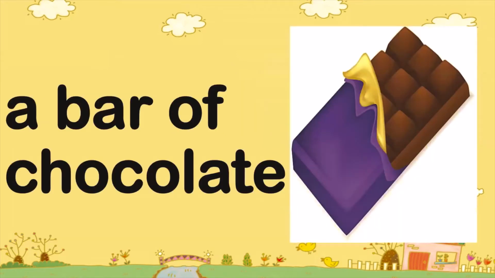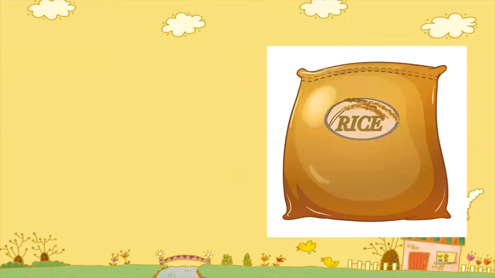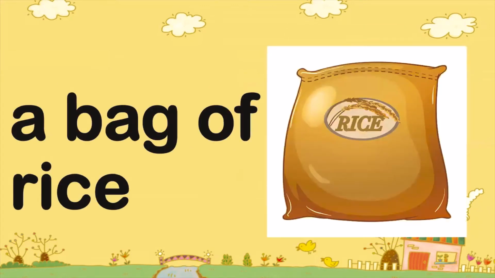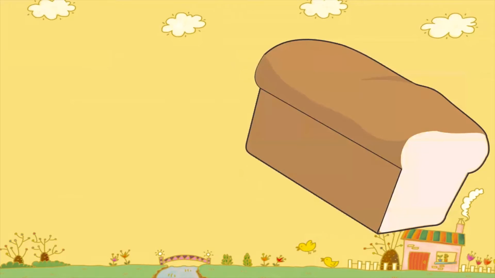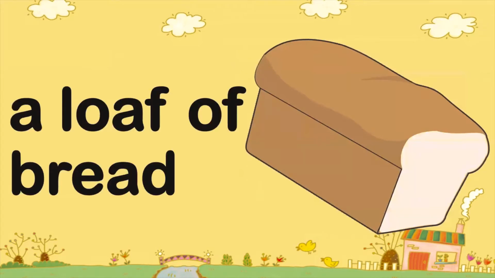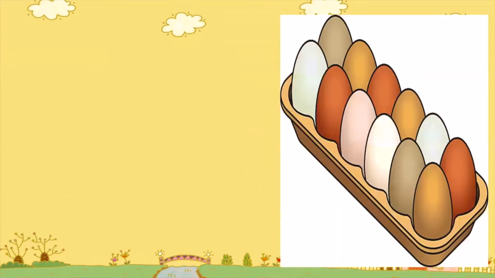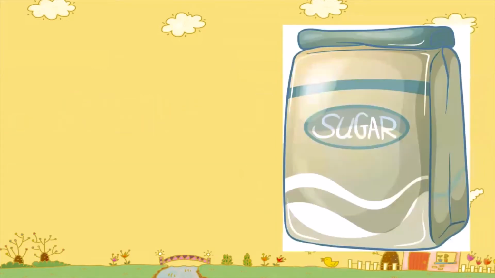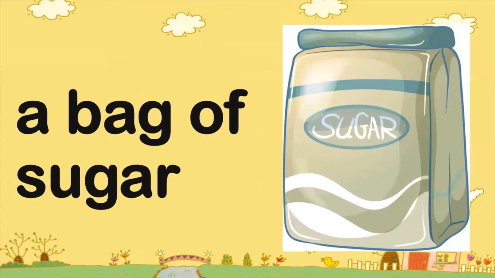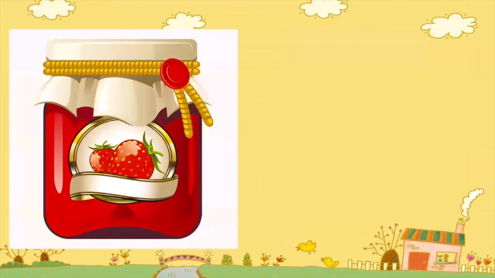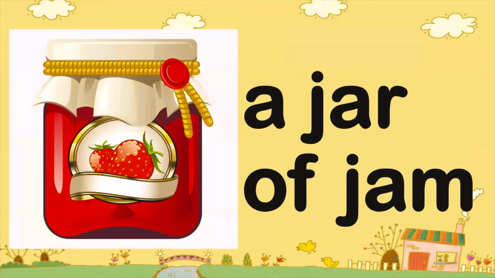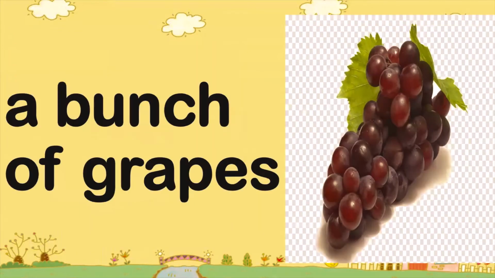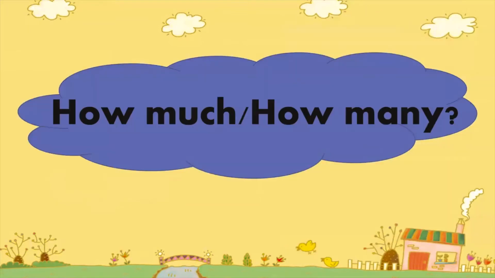A bar of chocolate. A bag of rice. A loaf of bread. A dozen eggs. A bag of sugar. A jar of jam. A bunch of grapes. Okay, nice one.